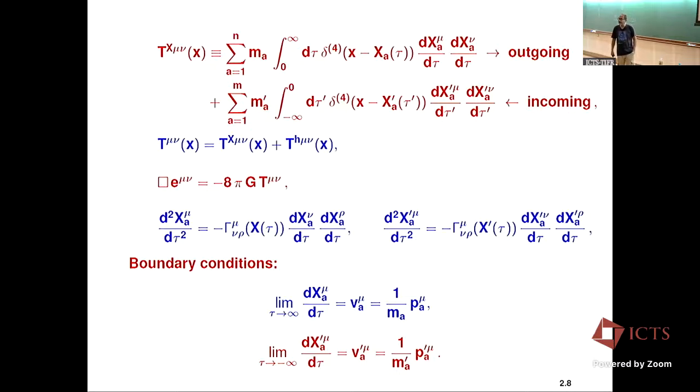And the energy momentum tensor of the bullet cluster you can calculate either by thinking of the bullet cluster as one object or as a sum of multiple objects. They will eventually give the same result. So in the final expression, that's a consistency check. You can check that if we take a particular outgoing momentum p_a and replace it by two outgoing momenta, one is x times p_a, the other is (1 minus x) times p_a, the answer will be the same.